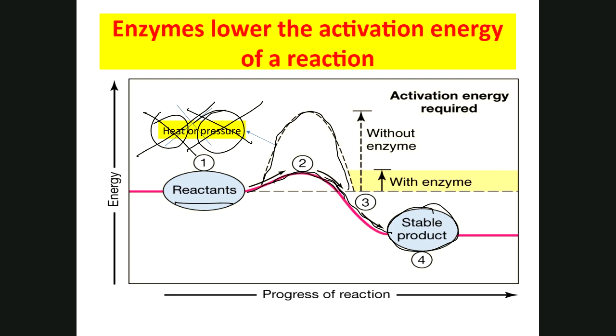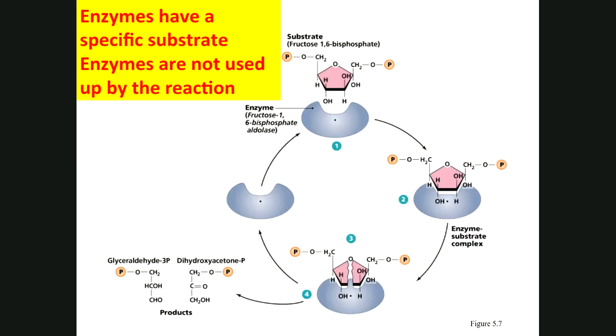So enzymes are going to lower the activation energy by providing a place that physically brings these reactants together in close quarters in the right configuration and forces them to react. Okay, that's essentially how enzymes work and make chemical reactions possible without heat or pressure.